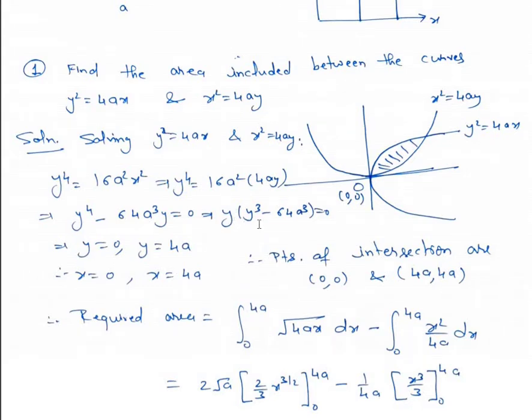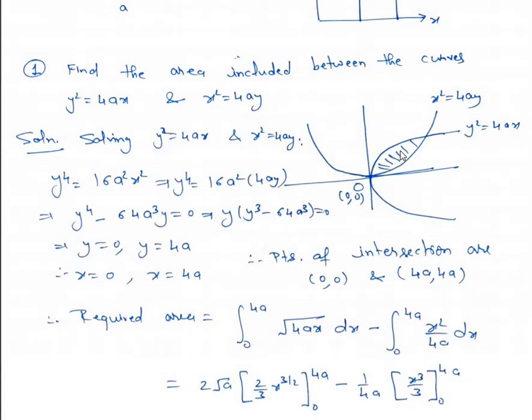Take y common. So y into (y cube minus 64a cube) is equal to 0. That means y is equal to 0, and from here we will get y is equal to 4a. Substitute these values of y here and we'll get corresponding values of x as 0 and 4a respectively. So therefore points of intersection of these two parabolas are (0, 0) and (4a, 4a).